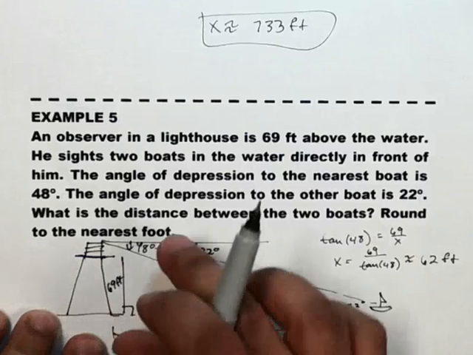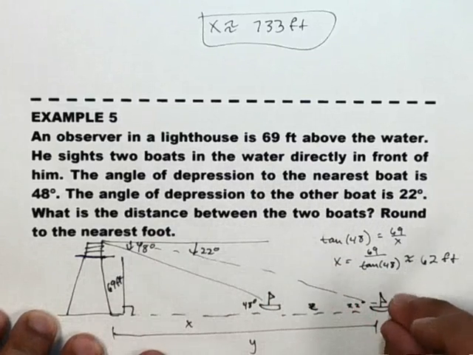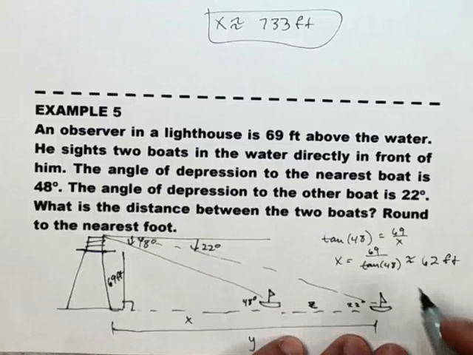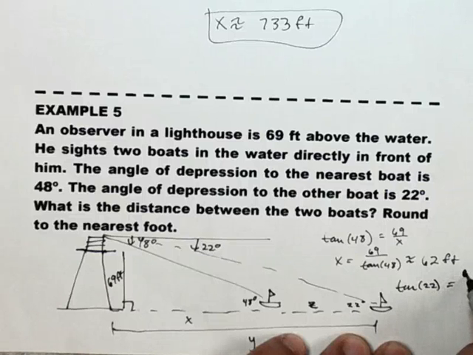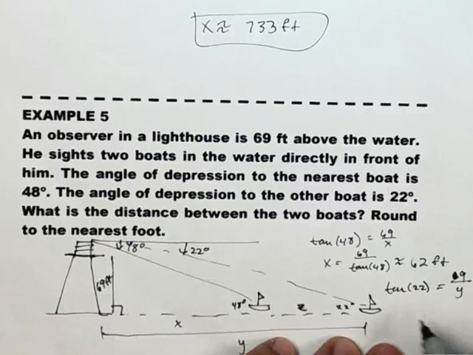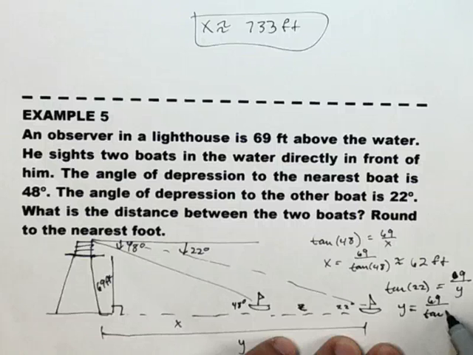Then we need to find the distance of this second boat that's further out. And that's going to be tangent of 22 is equal to 69 over y. So y is going to be equal to 69 over the tangent of 22. So y comes out to be about 171 feet.